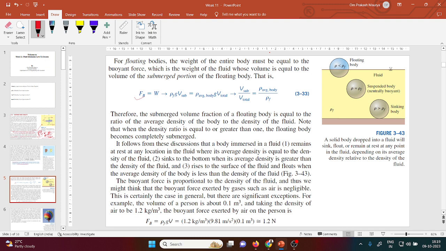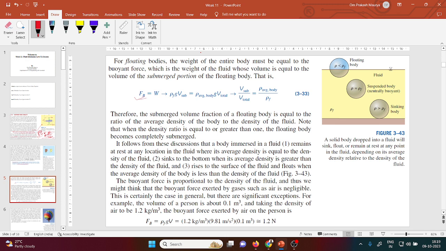This is a very important concept. When your body floats, the net force acting from the bottom, the buoyant force, is equal to the weight of the entire body.